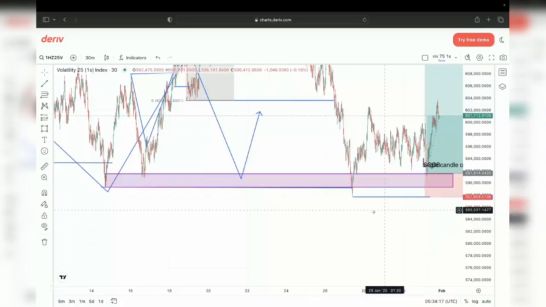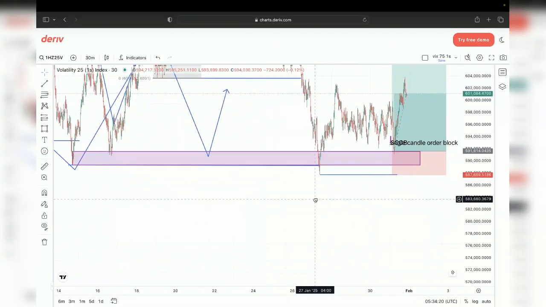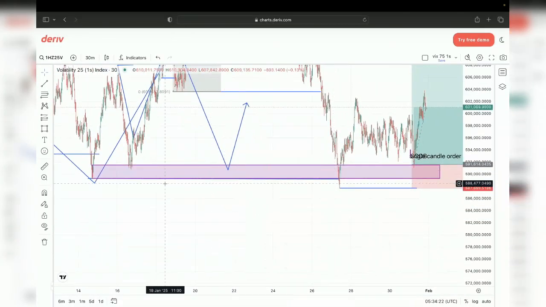Now, how do you enter the rest of the positions? Entry number 2 is this point of interest here. This is the second place you will open positions, calculating.